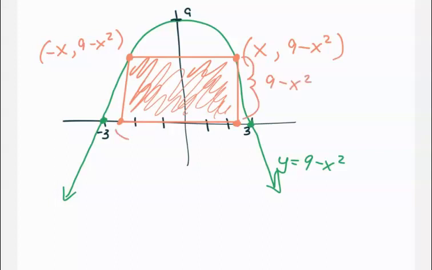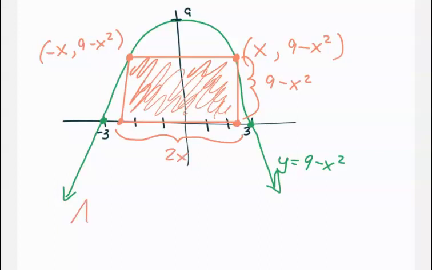And then the width, how far is it from x to negative x? Because this thing is symmetrical around the y-axis, if I go x units this way and x units this way, my width is 2x. Like for example, if I went 2 units that way, I'd go -2. So the width is 2x.